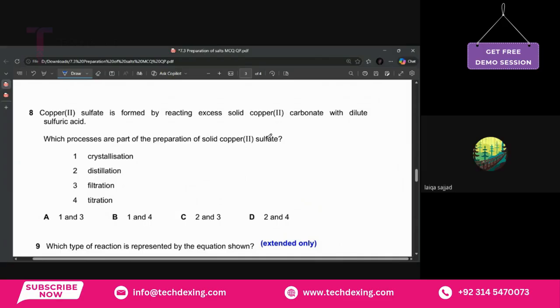So filtration is required to remove the unreacted copper carbonate that we added. How is crystallization being useful? It lets the saturated solution cool down slowly, and once it cools, the solubility decreases and the crystals grow. Yes, very good. Excellent. So option A is the correct option.